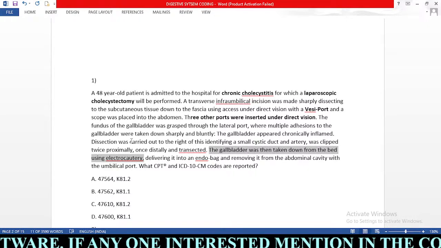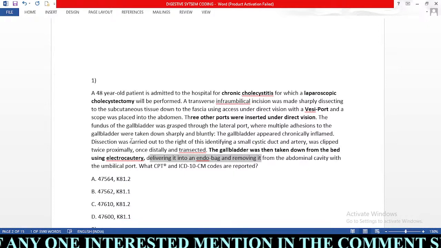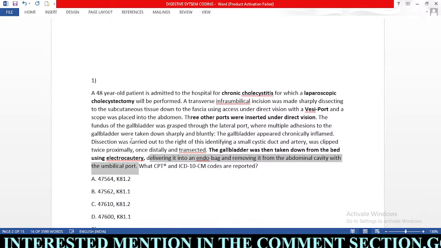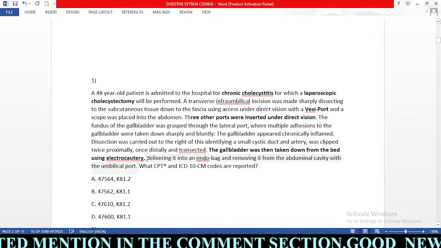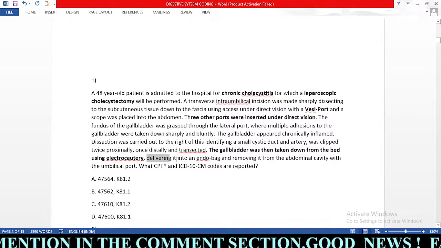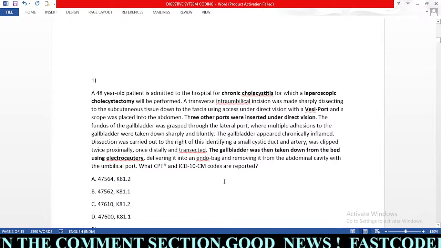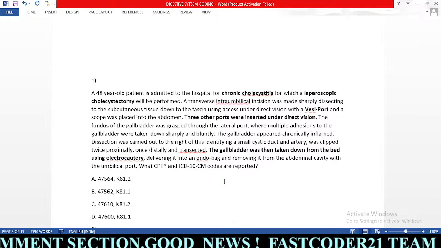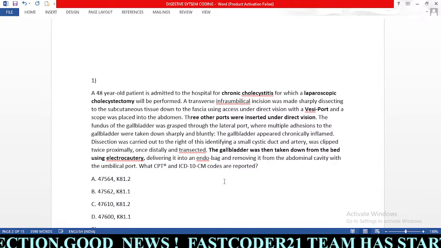This is also one keyword. Delivering it to an endobag and removing it from the abdominal cavity through the umbilical port. Sometimes the physician will start the procedure and, due to some issue with the patient's condition or a technical problem, may stop the procedure.